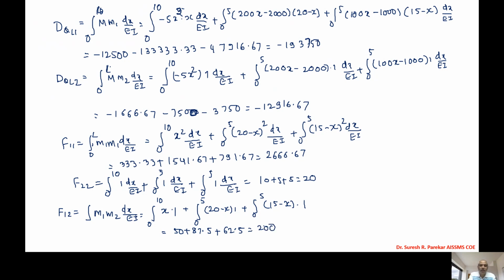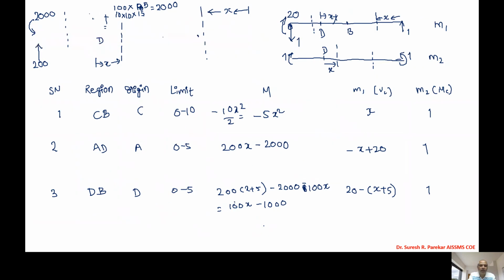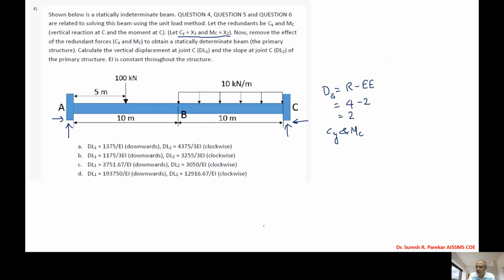So we have these values. Now we will see dq1, that value we have minus 193750, and second value we got 12916.67. So downward, clockwise we have. So this option is D. Then we will go to the next.